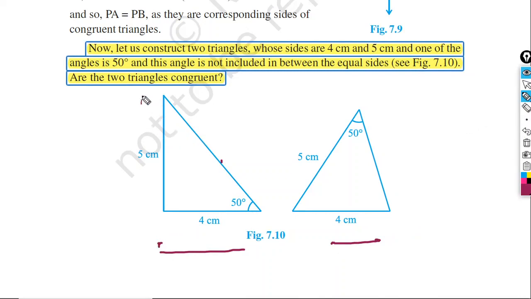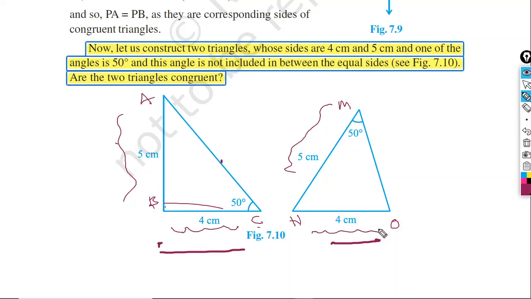I have not given names, you can give your own names: triangle ABC, and suppose triangle MNO. Now here what you see, we have taken two sides equal. So suppose AB is equal to MN and BC is equal to NO, and one angle C is equal to angle M. Now here you see two sides are equal, and one angle is also equal.